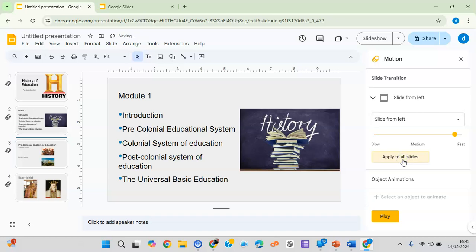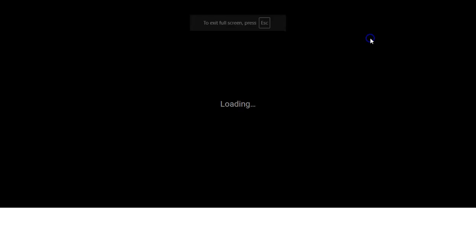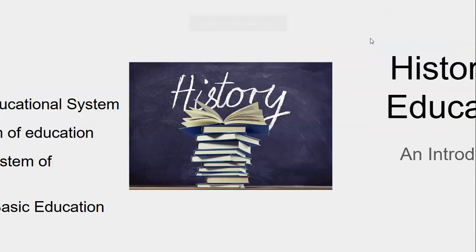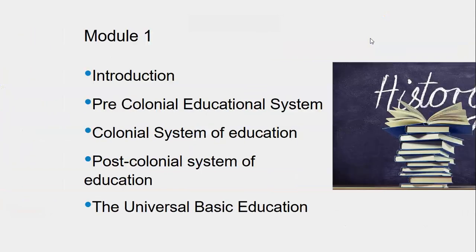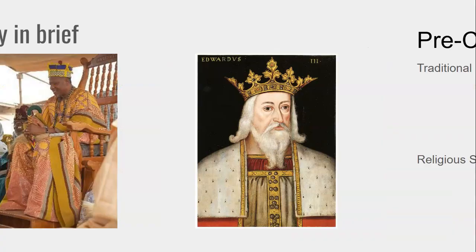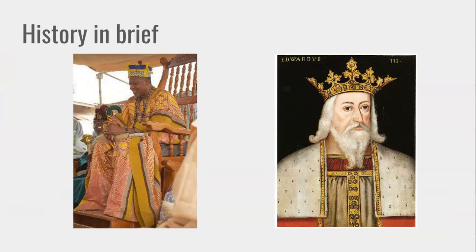Apply to all slides. So once you choose a transition, you can decide to apply it to all slides and you're good to go. So let's look at it from the start. So this is your slideshow. You click on enter, the slides, and that is how it goes.